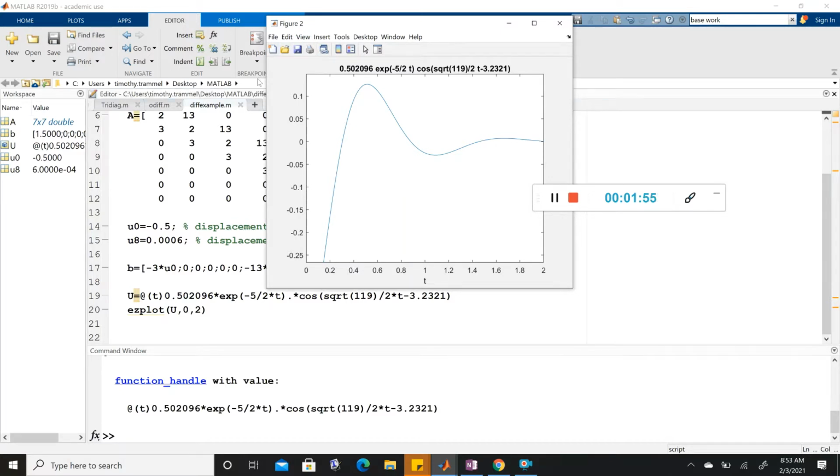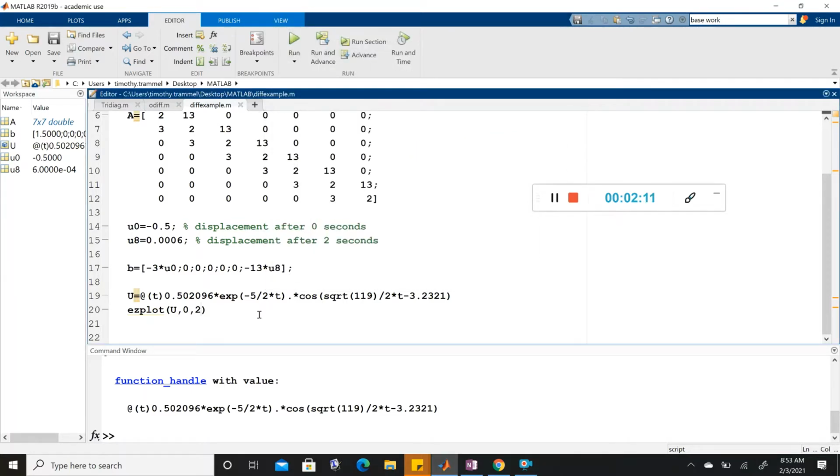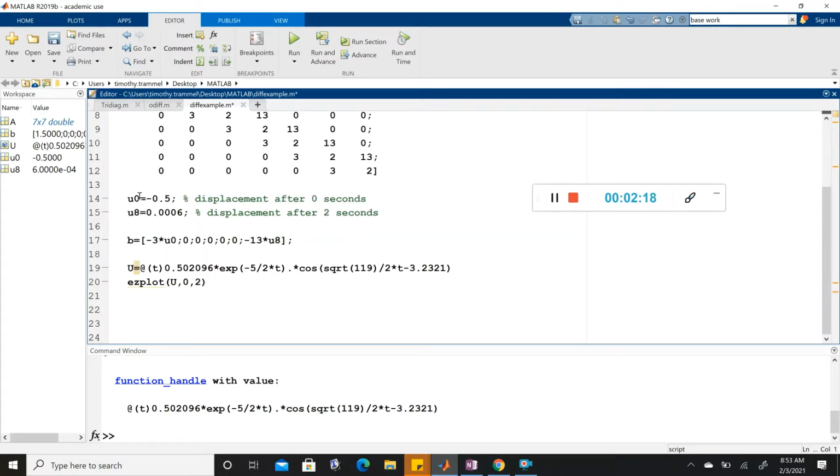And so what we're going to do here in a moment is compare this graph with what we get from our numerical solution. All right, so to get that numerical solution, for one, again, we know the initial displacement and the final displacement.